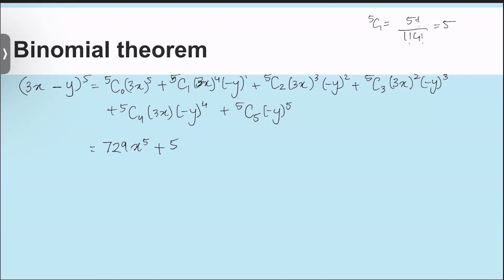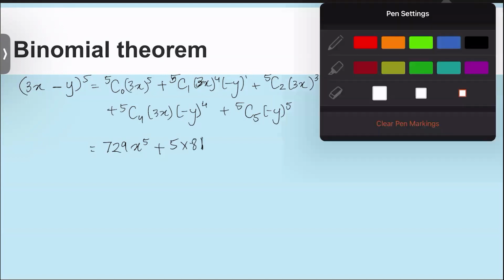So you have 5 into, over here you have 3 raised to 4. So 3 raised to 4 becomes your 81. Okay. And over here you have the minus sign.